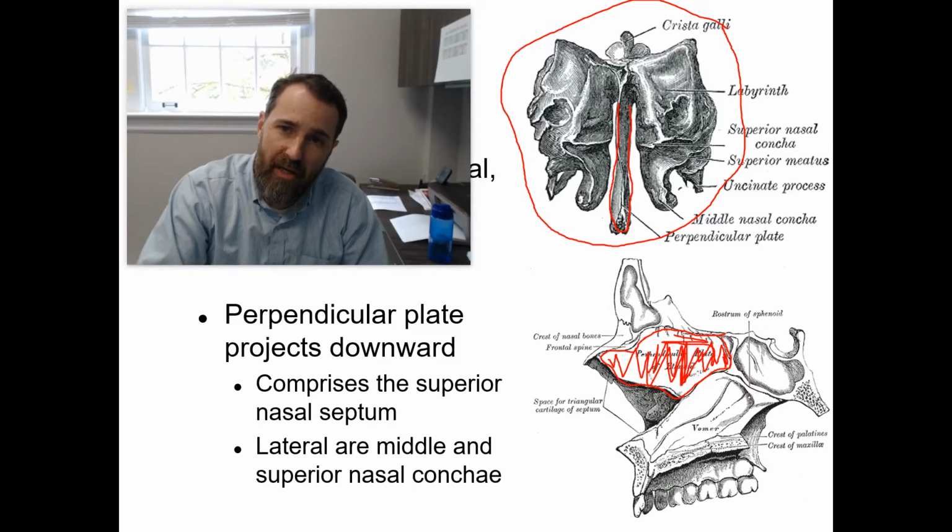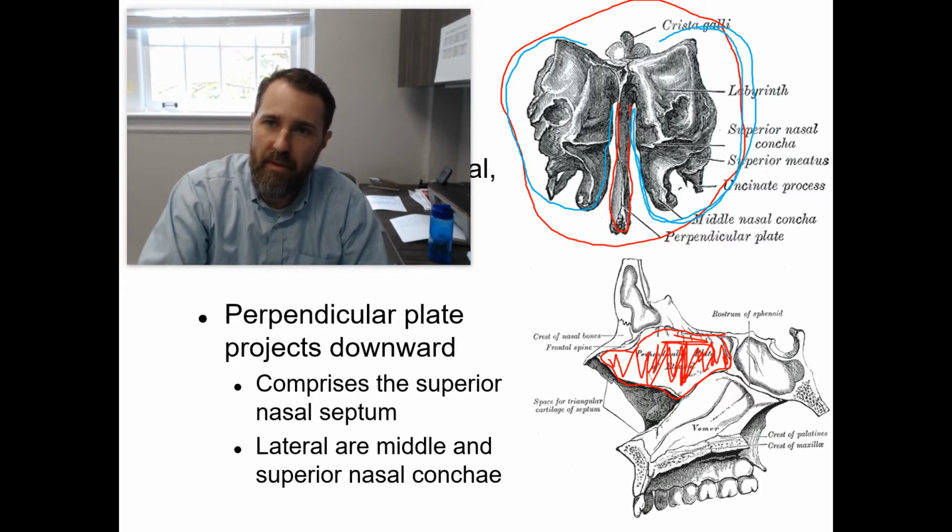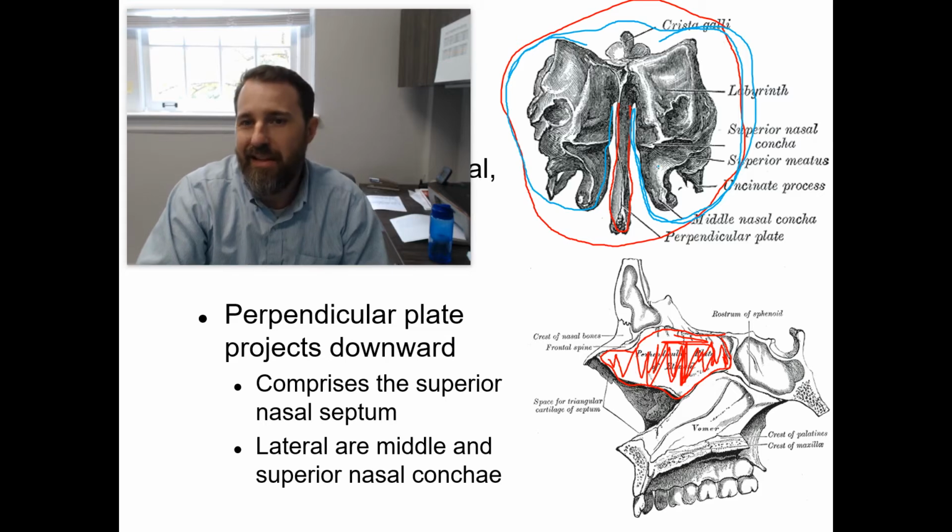And if you check out these big lateral processes that the ethmoid has on either side of the perpendicular plate, you can see that these lateral processes have the middle and superior nasal conchae.